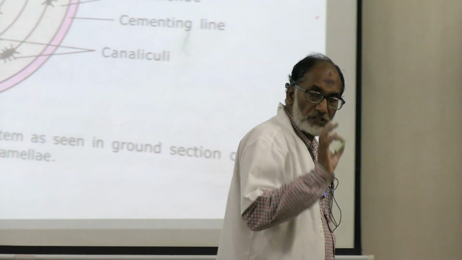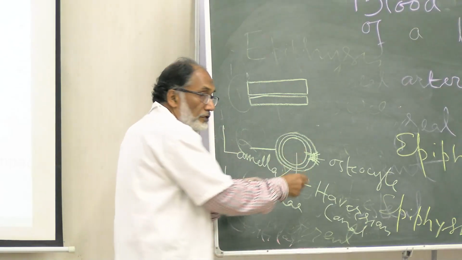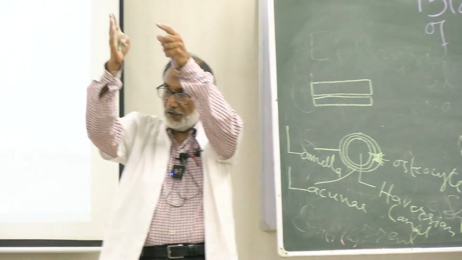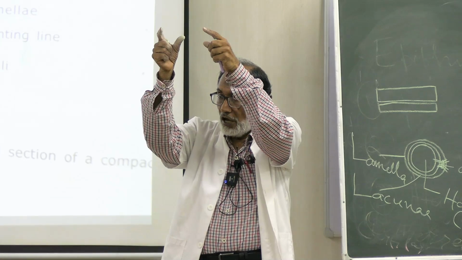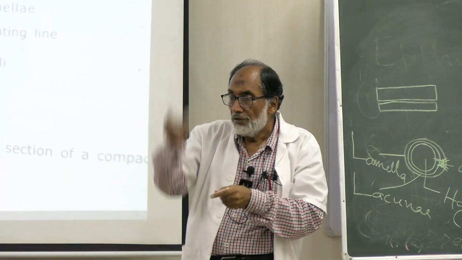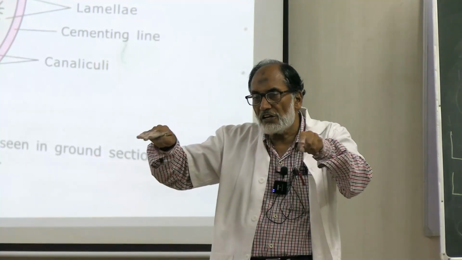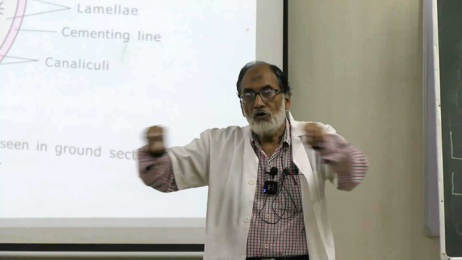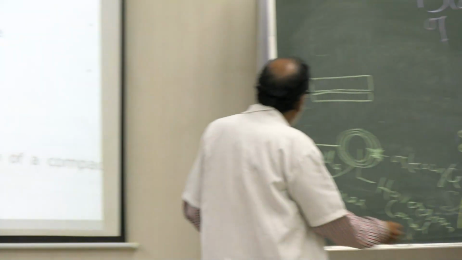Another canal is there. This Haversian canal is arranged vertically. Two vertical Haversian canals are connected by a horizontal canal called Volkmann's canal.